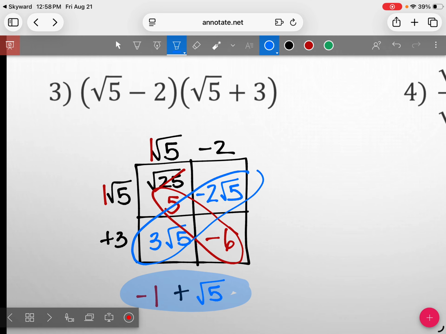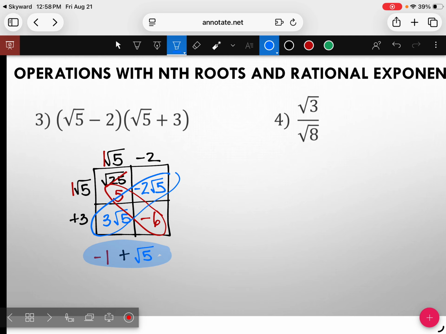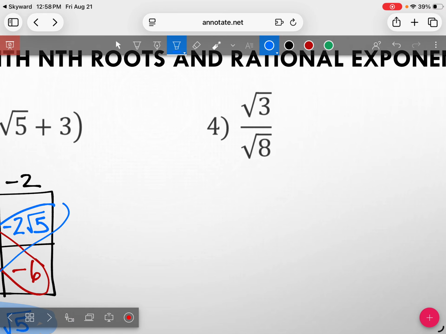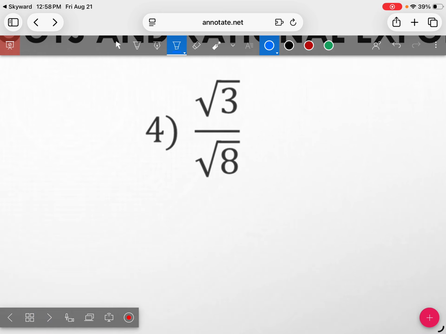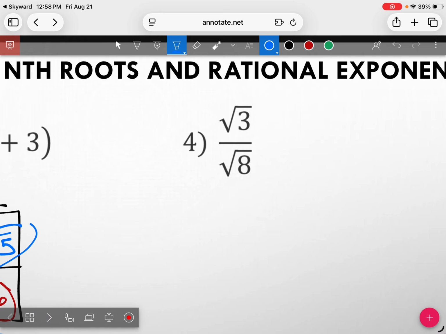All right, so let's look at number 4. So the thing about radicals, remember, there's 2 things that we don't leave in the denominator. One is an i, the other one is a square root, okay? So what we're trying to do is get this 8 to a perfect square in order to eliminate the square root.